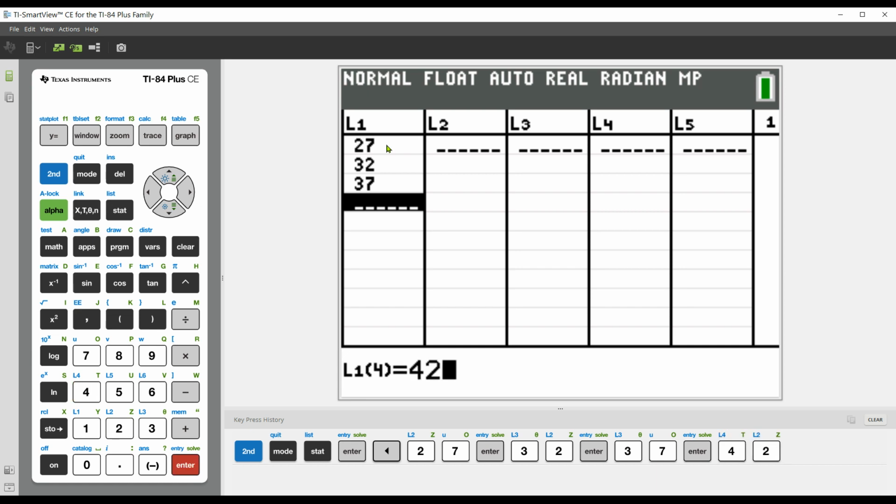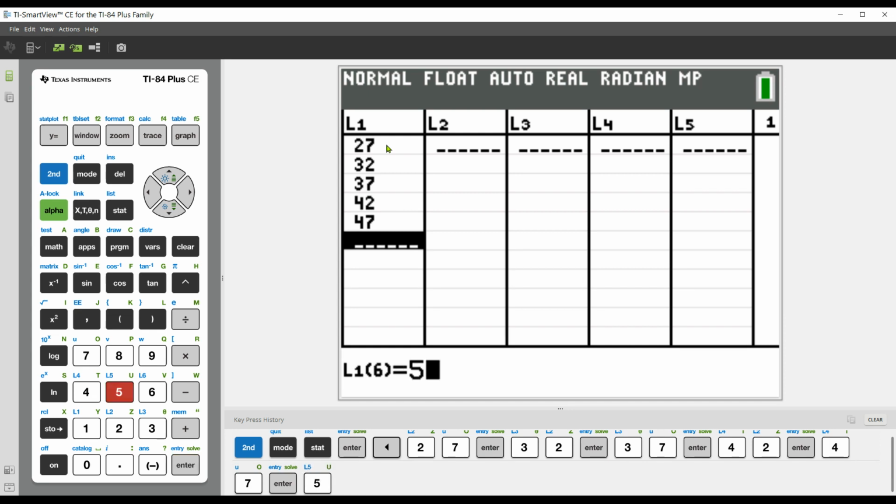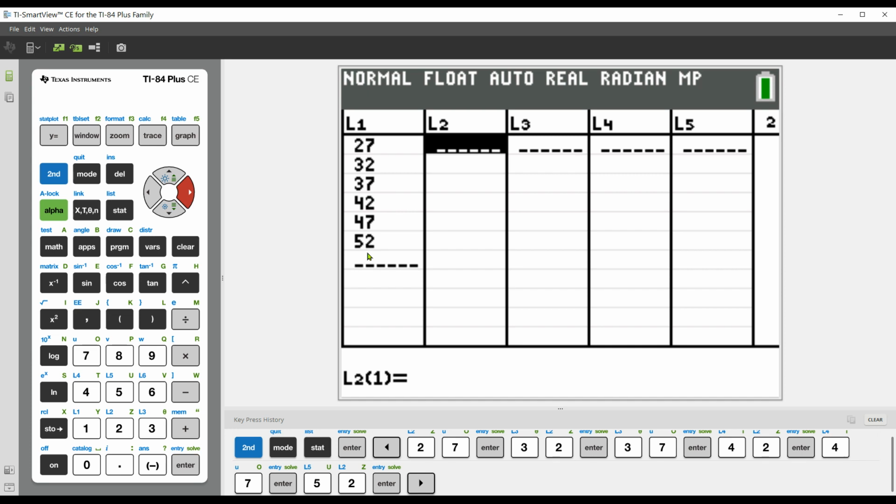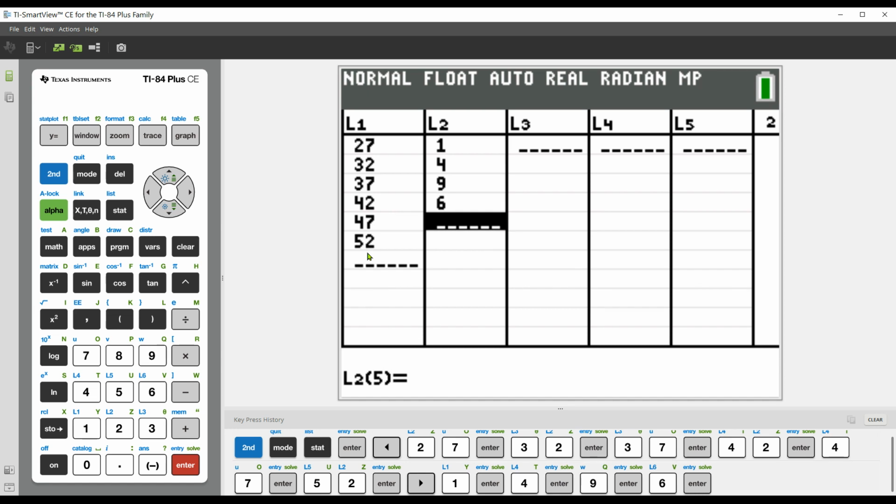Then I noticed the class width was 5, so I'm just adding 5 now to my midpoints. Between here and here is 5, here and here is 5, so I just added 5 to get those midpoints. Let me put in my frequencies: 1, 4, 9, 6, 3, and 1. Again, I got this from the previous screen.